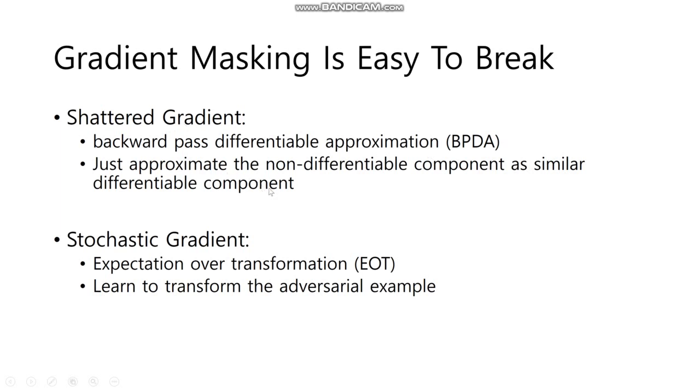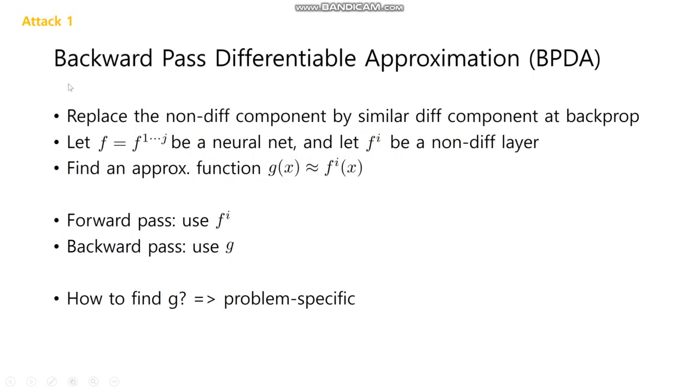Easy. And in backpropagation, they just use the differentiable approximation function. For stochastic gradients, they apply expectation over transformation and learn to transform the adversarial example. Let me explain these two later.